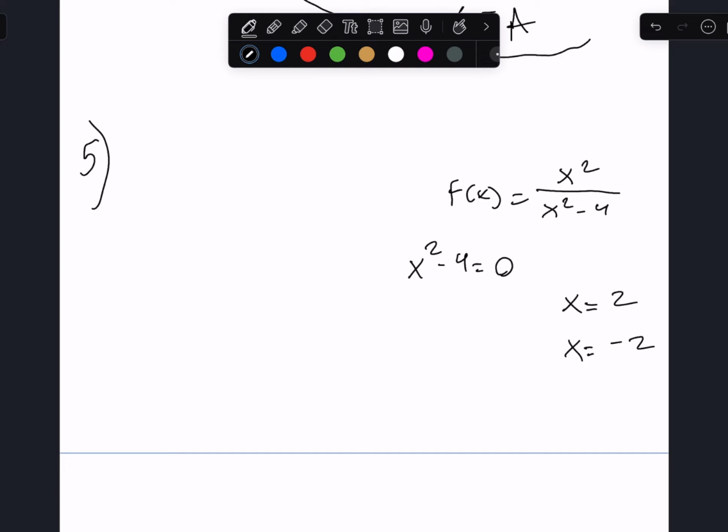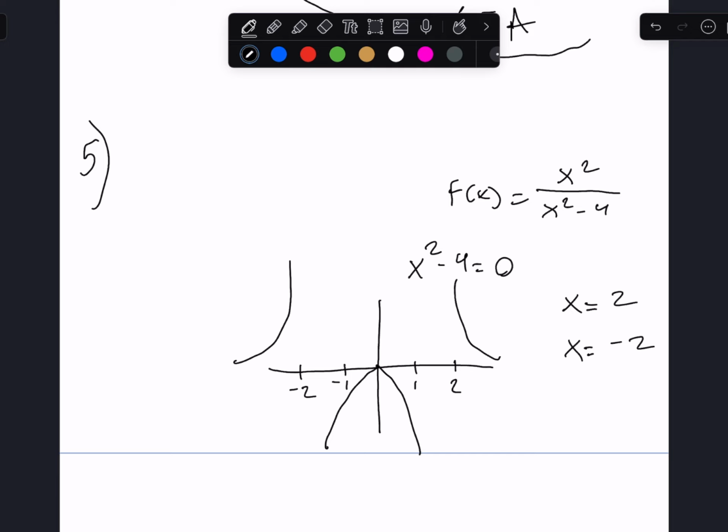So if we draw this function out, draw the axes right here, 1, 2, negative 1, negative 2, and our function will look like this, with these two vertical asymptotes at negative 2 and 2, never ever going past them.